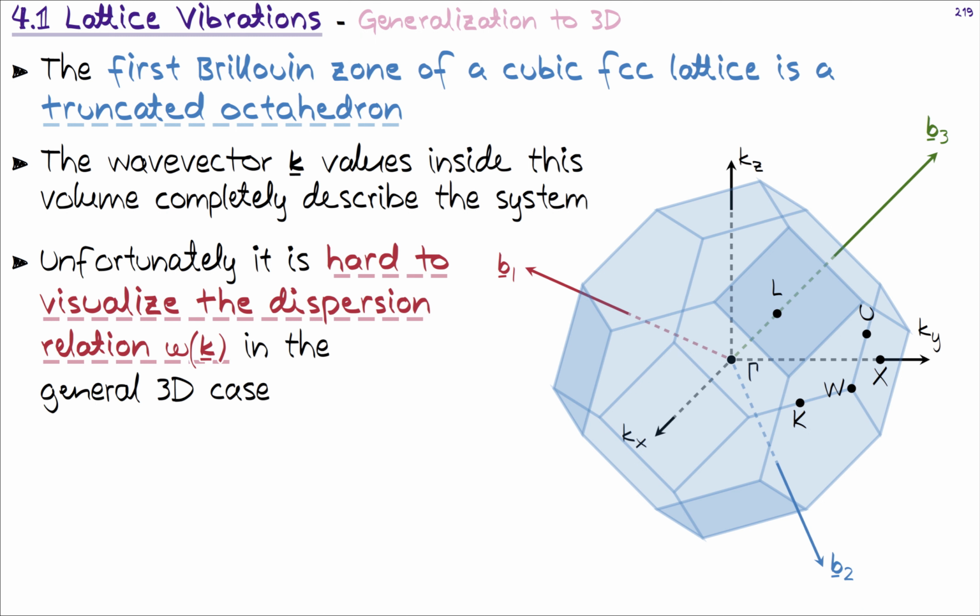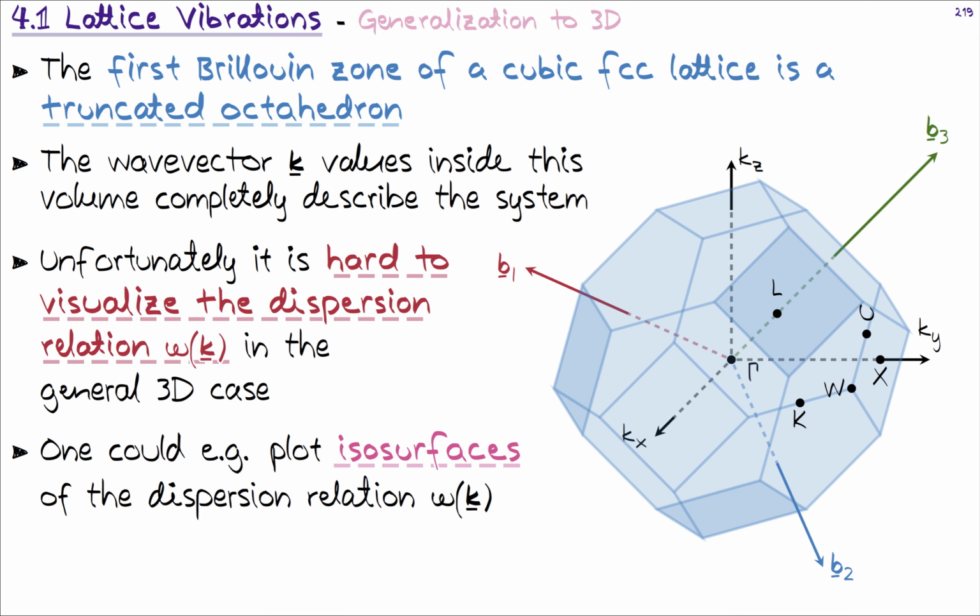So how to draw this kind of quantity, a 4D quantity in essence, onto a piece of paper, a 2D paper, or even in a three-dimensional volume. So this is problematic. And I guess this is the reason why it's not that easy when we are generalizing our treatment to the 3D case.